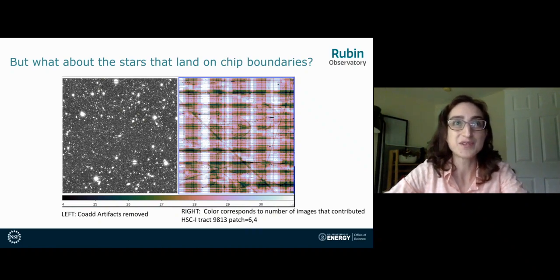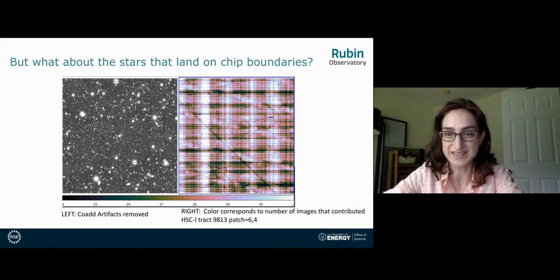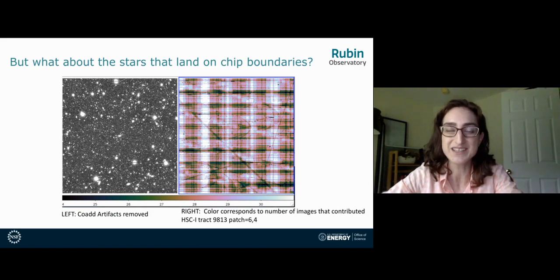On the left is a coadd with roughly 30 visits, and on the right is a map showing the number of visits that have contributed to each pixel. So in the dark regions, there's roughly 25 visits that have contributed.